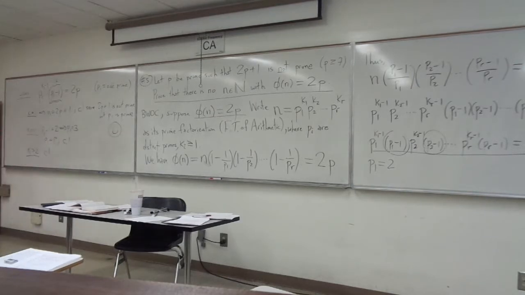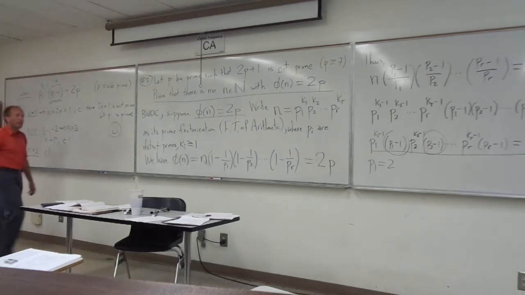Supposedly the easy part. Then the other case is easier, actually. The other case would be that you have one odd prime and then you have a factor of 2. I guess that's what I had written up over there: 2 to the K2 minus 1 times P1 minus 1, and this thing equals 2P.